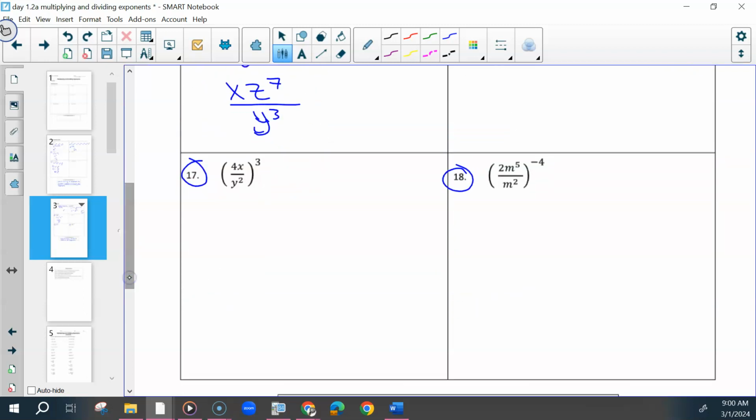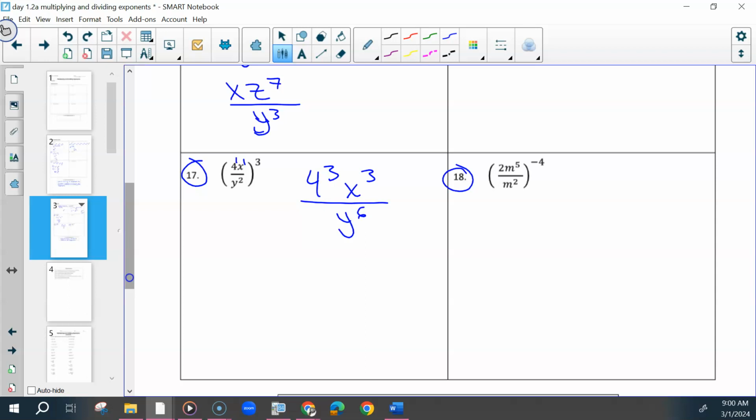With questions like 16, 17, 18, if you have an exponent outside of parentheses, you're going to multiply that to every exponent inside. So if you want to label what your exponents are, the ones that are ones, do that so you don't forget. And you're going to multiply the 3 to both of these and this 2, so that this becomes 4 to the third, x to the third, over y to the 6th.